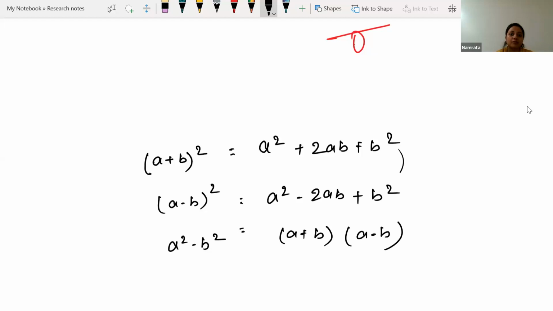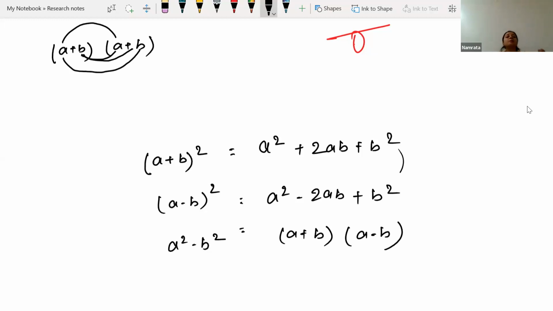Now from where are we getting these rules? Just by the distributive property. When we multiply a plus b with a plus b by applying the distributive property, this will be multiplied with this, again a will be multiplied with b. Now we will pick b and multiply b with a, and b with b.